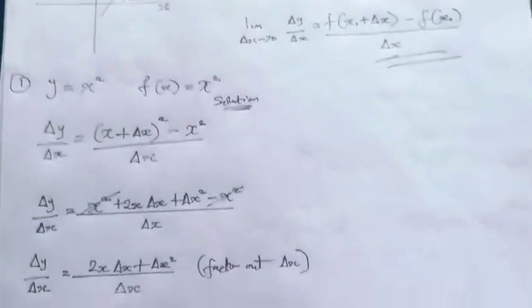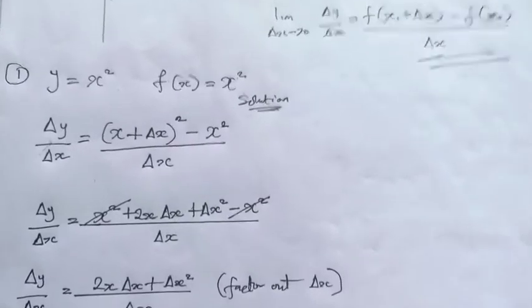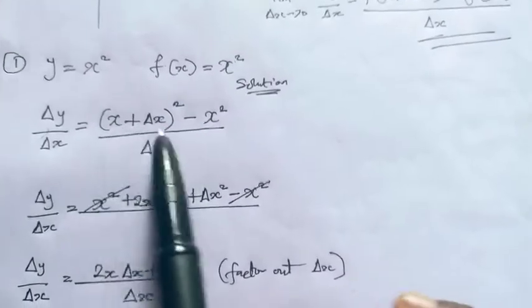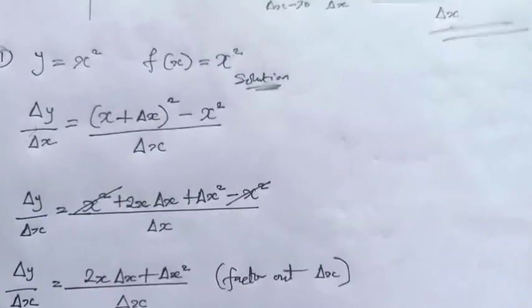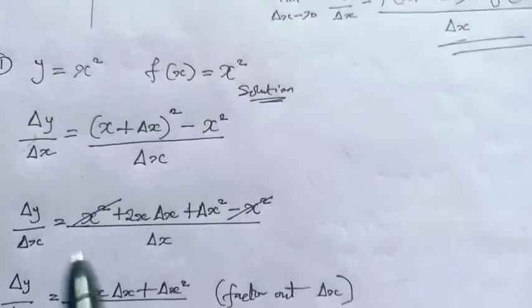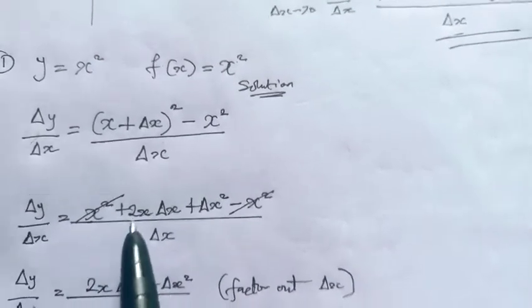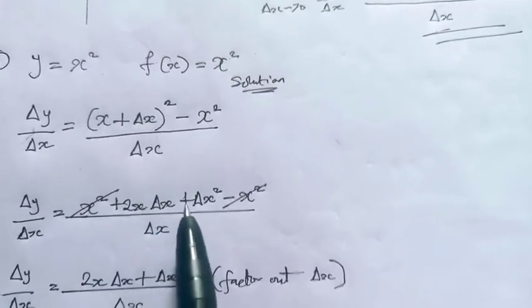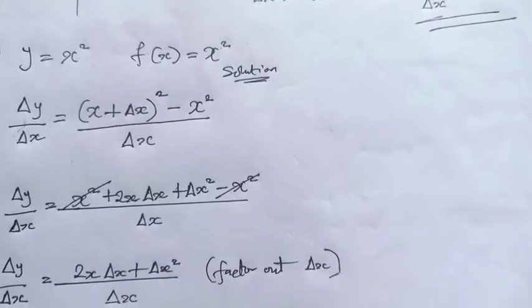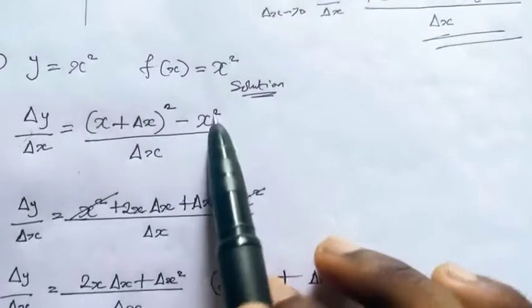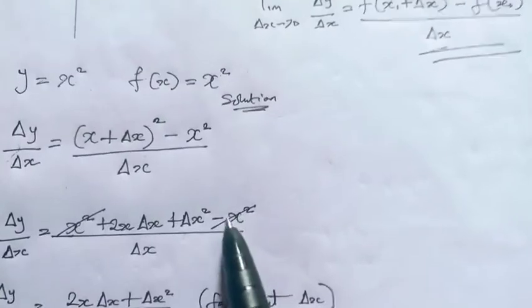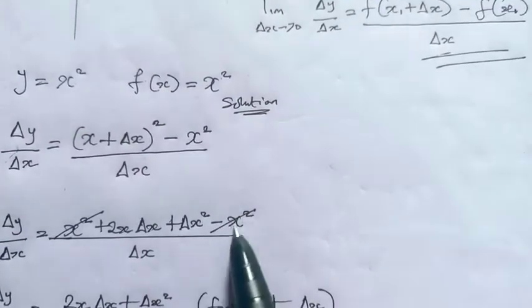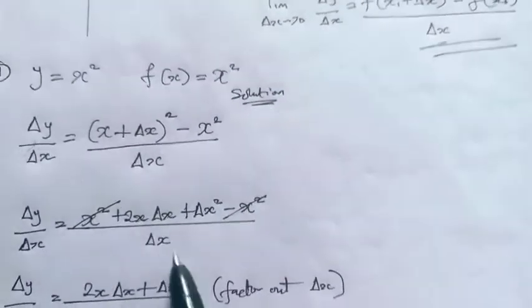Now, if I simplify, or rather expand this expression from my knowledge of algebra, I will discover that I have x squared plus 2x change in x plus change in x squared, minus this particular quantity x squared, all divided by change in x.